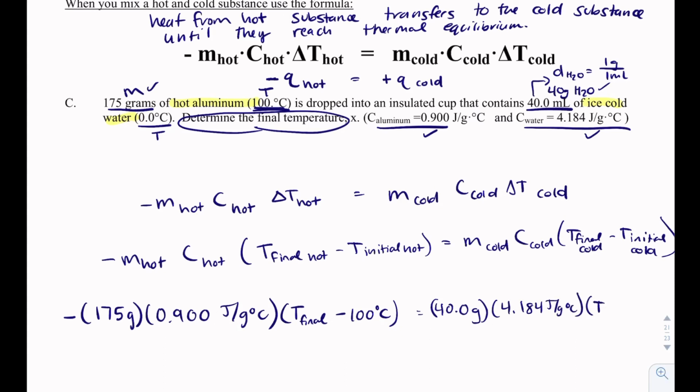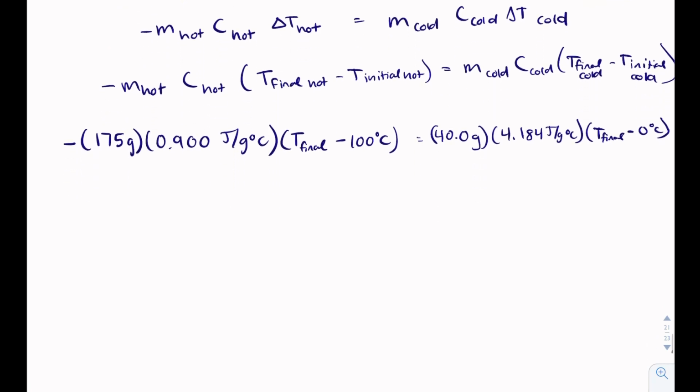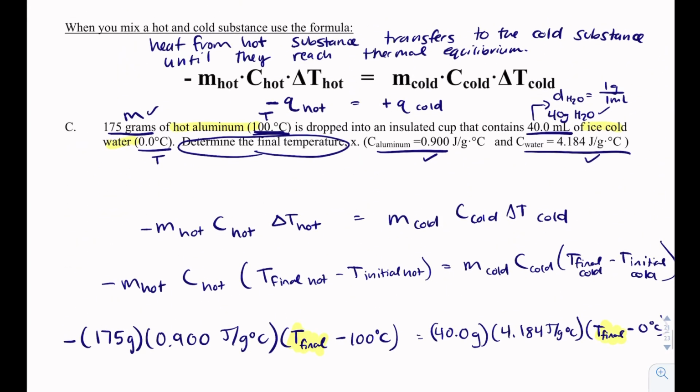And we're trying to solve for the final temperature of our water, and the initial temperature is 0 degrees Celsius. So, here's what's a little bit tricky. Do you notice that the final temperature is what we're solving for on both sides? That makes sense to me because we said at the beginning of this problem, heat from the hot substance will transfer to the cold substance until they eventually reach thermal equilibrium. So they will reach the same final temperature.